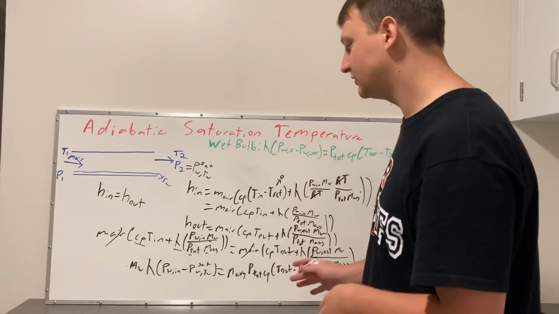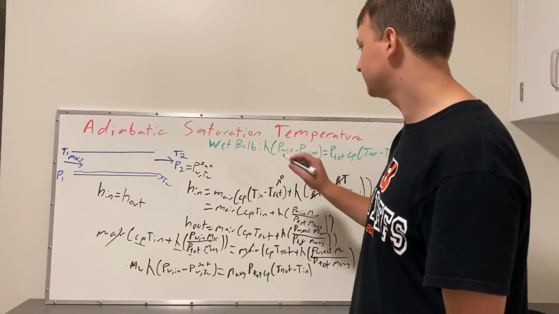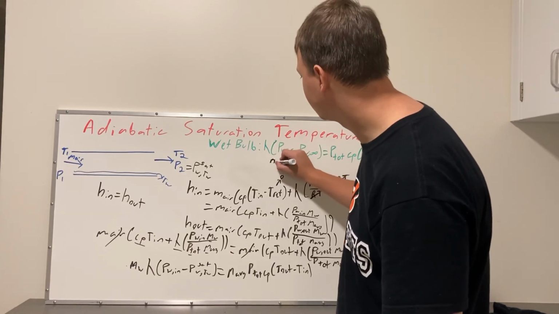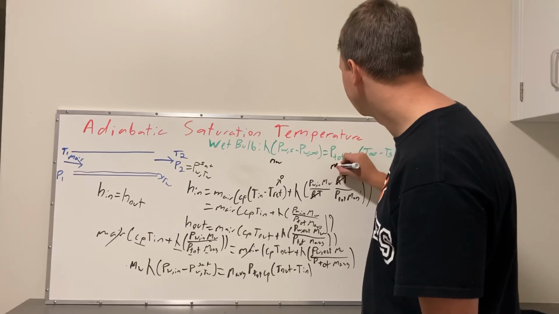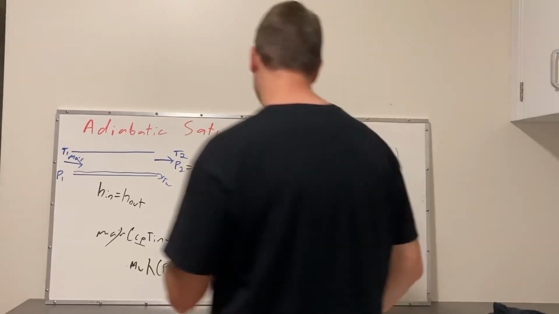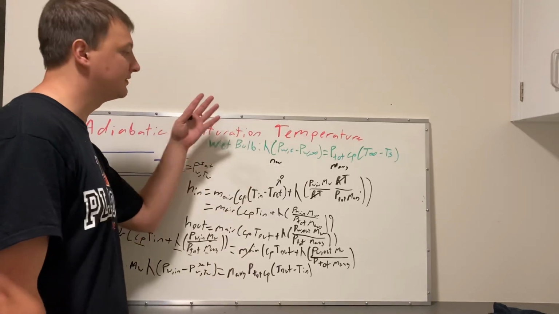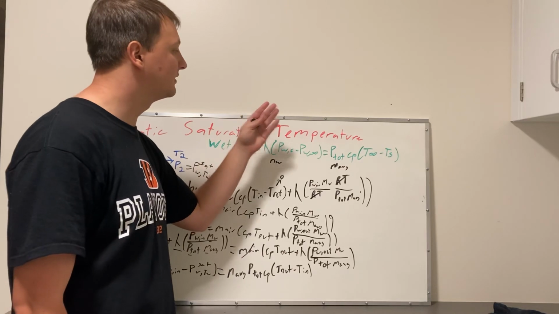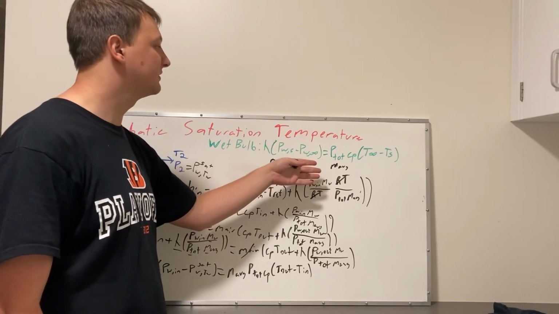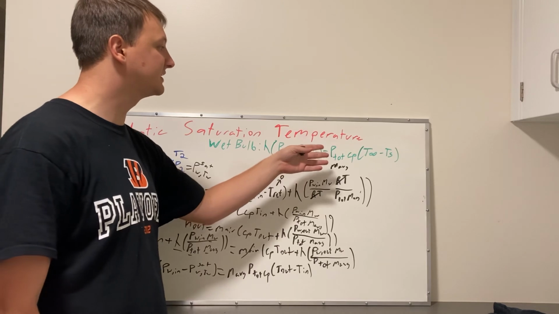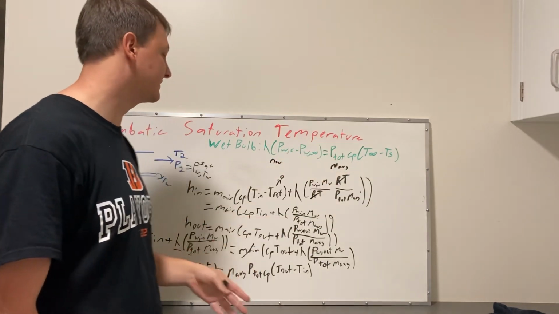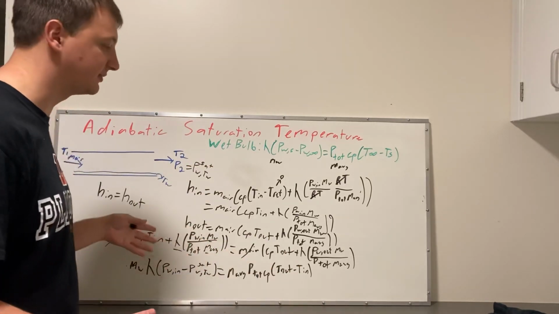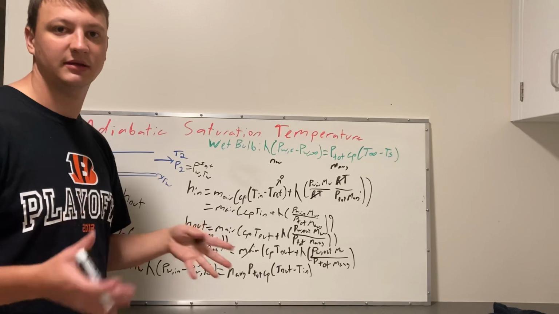So all you need to do to make them the exact same is multiply the top one by the molecular weight of water and the average molecular weight, giving you the heat of vaporization times molecular weight times difference in pressure equaling the average molecular weight times the total pressure times the heat capacity times the difference in temperature, which is the same as the bottom, just written slightly differently. You end up with the exact same equation set up.